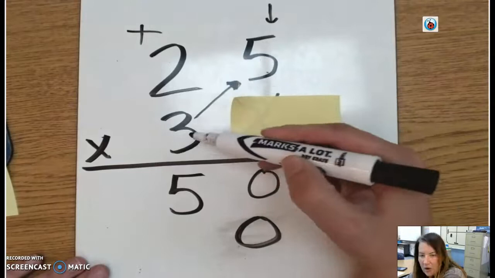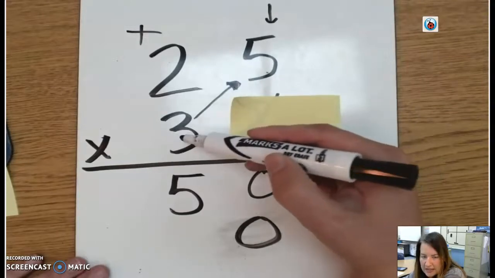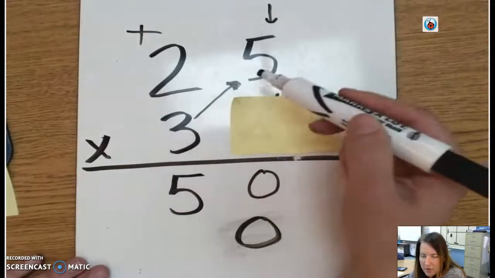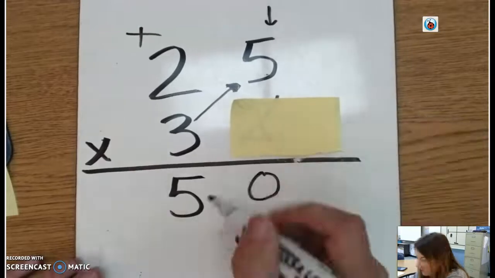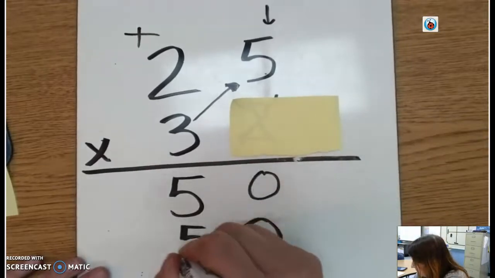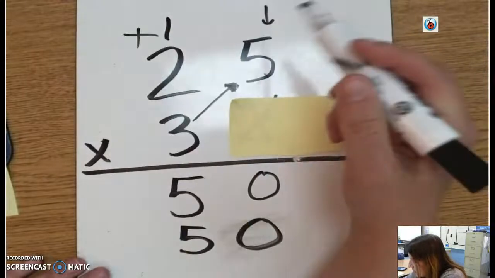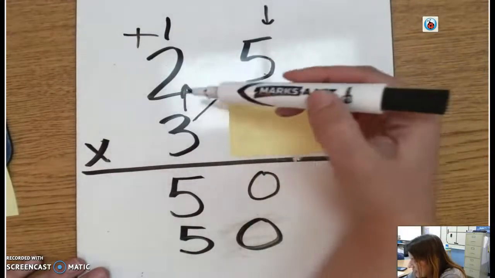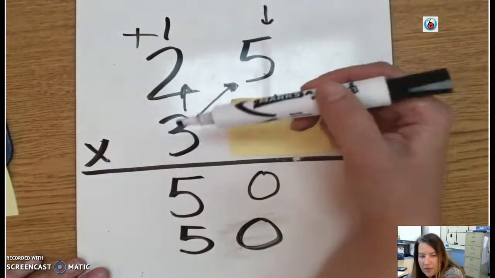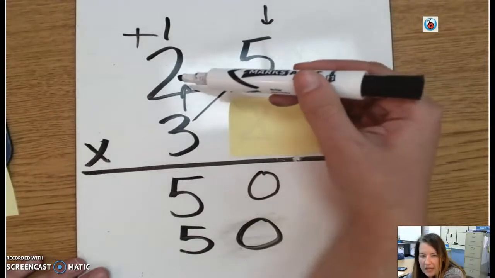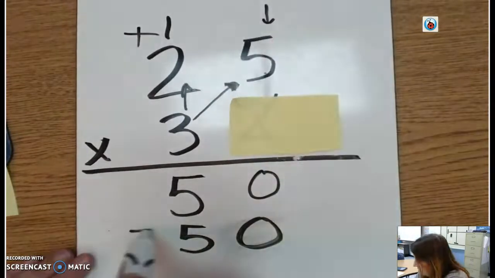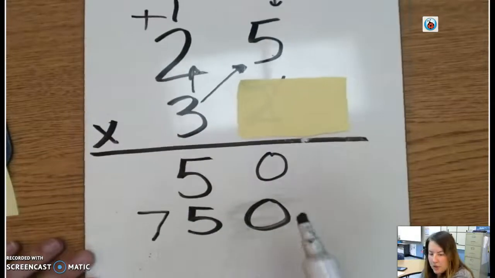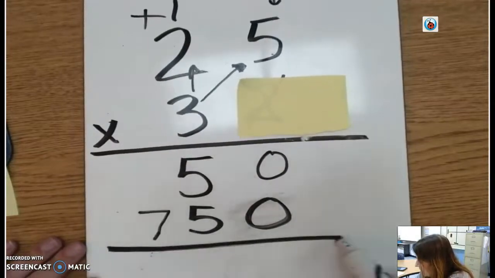So I'm going to say, okay, 30, because this is in the tens place, 30 times 5, or my 3 times 5 here is 15. So 5, put my 1 up here, and then I'm going to punch up to the tens place. So 3 times 2 is 6, plus that 1 is 7. So I have 750 down below.